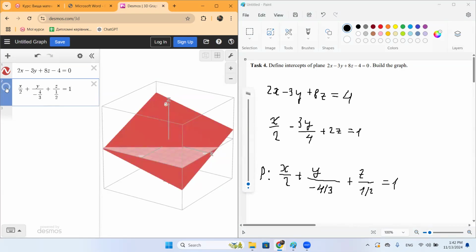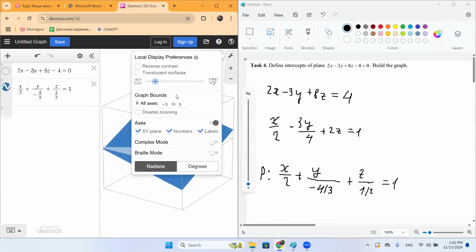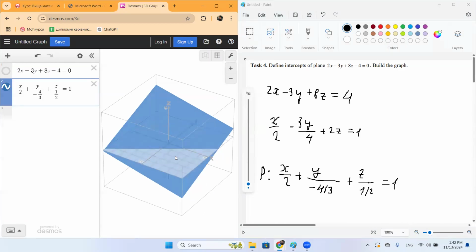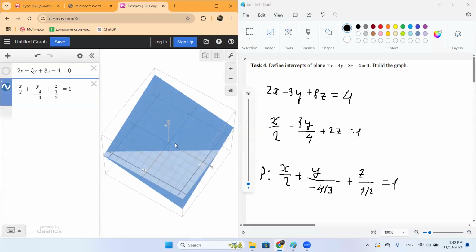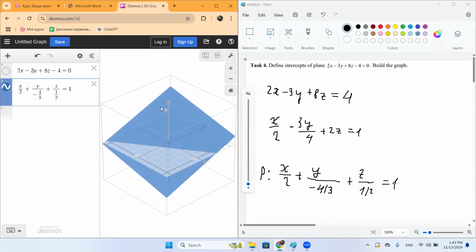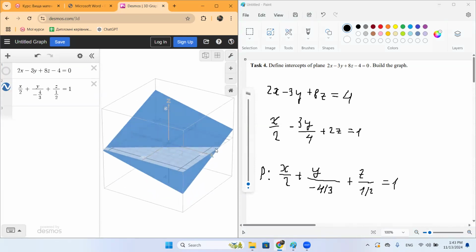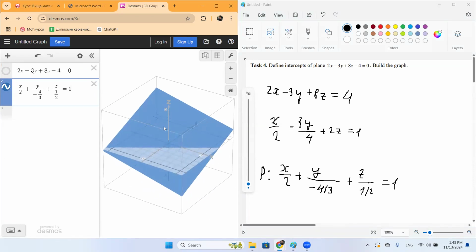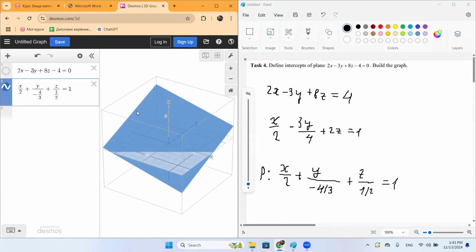So as we see, graphs match, so everything is correct. And now let me make the graph transparent just to see how it looks. Yeah, we have a different orientation of axes, but anyway, it's not a problem for us.